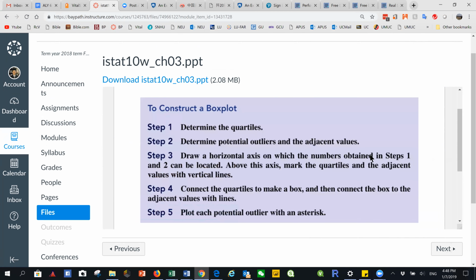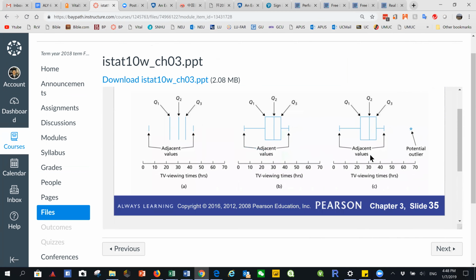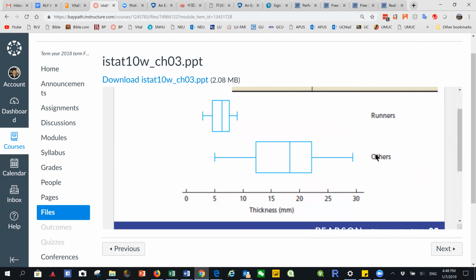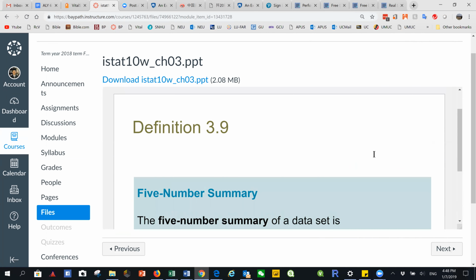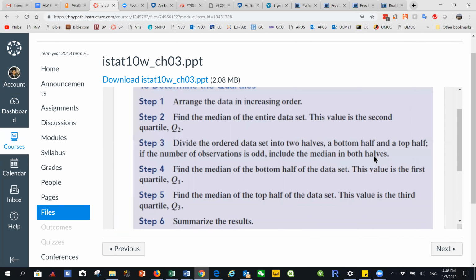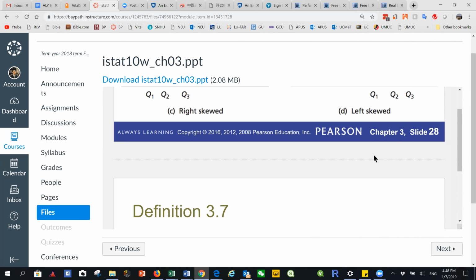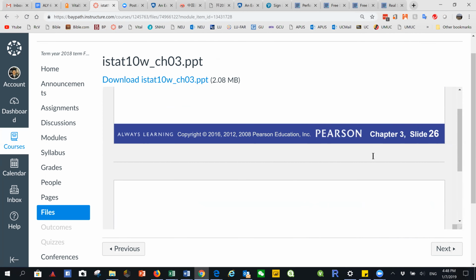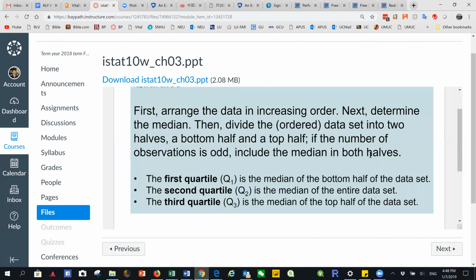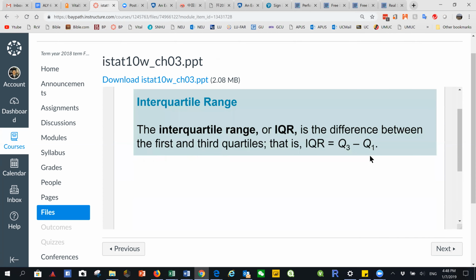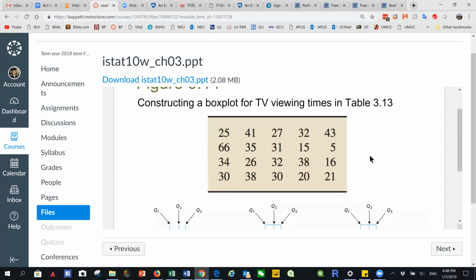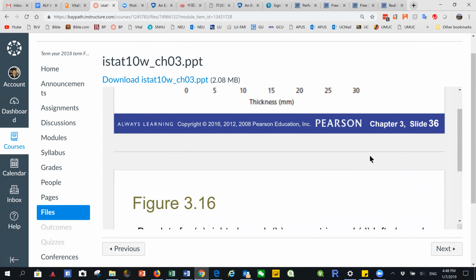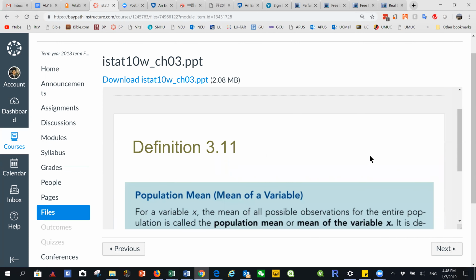I don't see the graph here yet. Okay, right here. Where's the graph? Boxplot. Okay. The box. Or maybe I'll just use a box here.